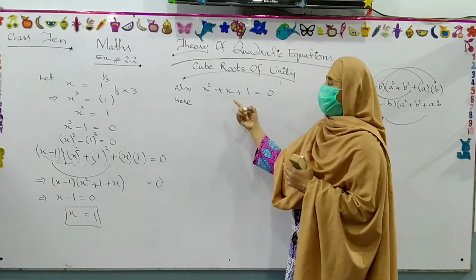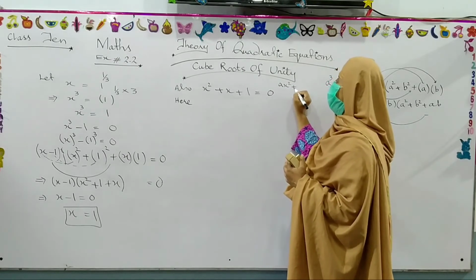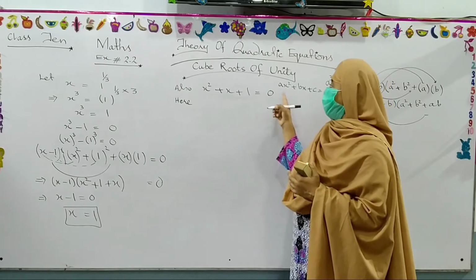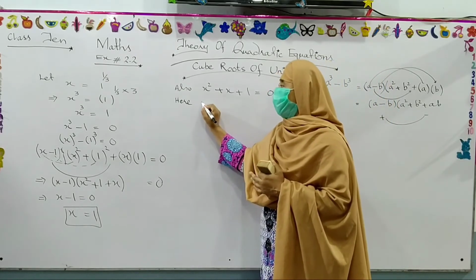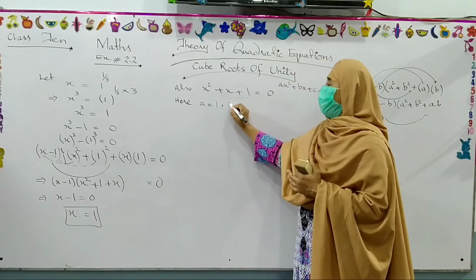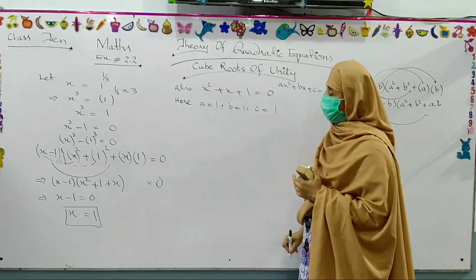So I will compare this equation with the standard form ax square plus bx plus c is equal to 0. What is a? Coefficient of x square. It is 1. What is b? Coefficient of x. It is also 1. And the constant term is also 1.